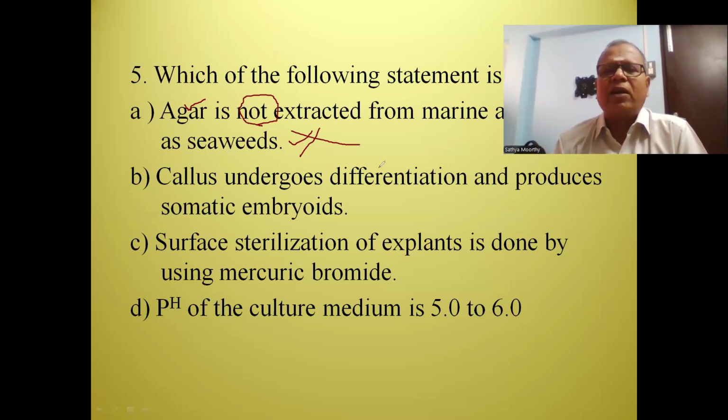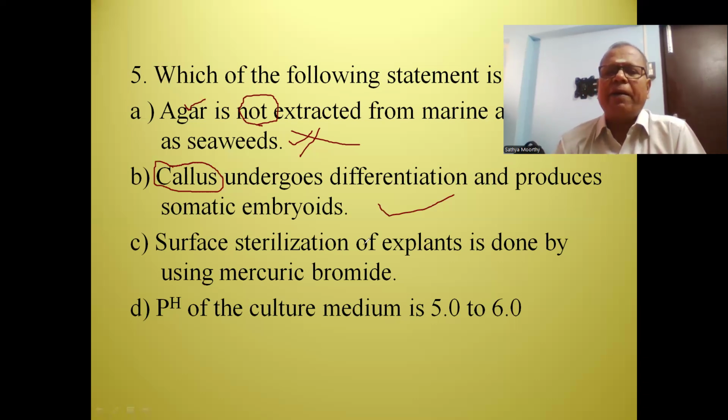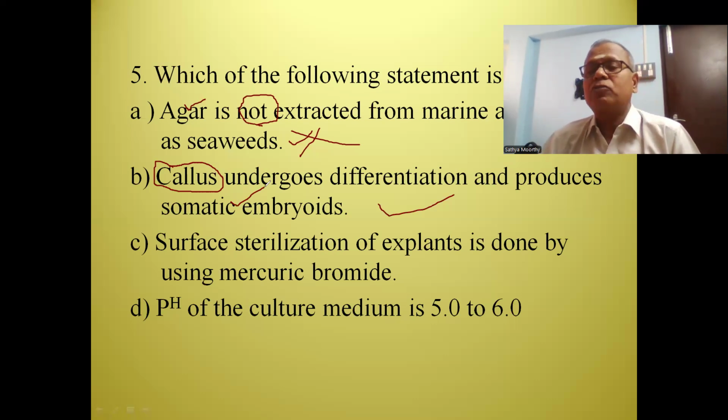A callus undergoes differentiation and produces somatic embryoids. Yes, correct. You know callus. Callus is nothing but the undifferentiated and unorganized tissue formed during the tissue culture technique. From the callus, a bipolar embryo is formed with a radicle, plumule and cotyledons. The embryos developed from the somatic cells are called somatic embryos, somaclonal embryos or embryoids.